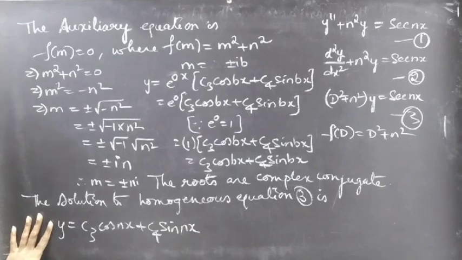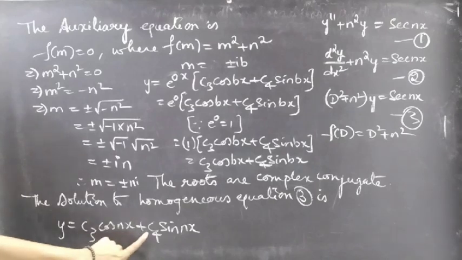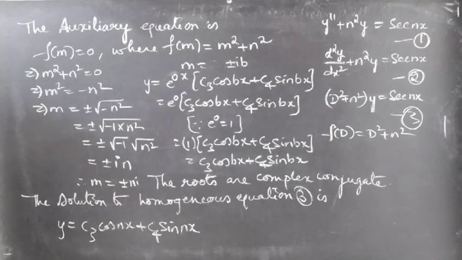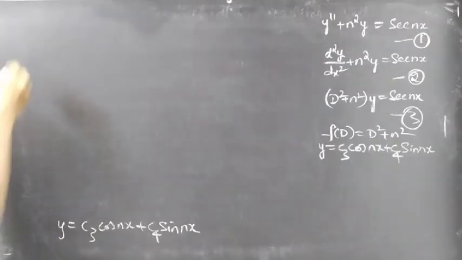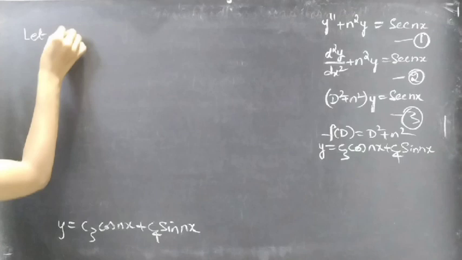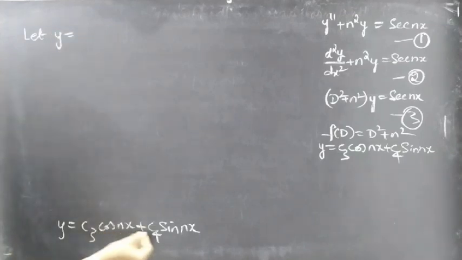Using this, we'll write the general solution of the given equation just by changing the parameters c3 and c4 to functions of x, say a and b. Let y equal to, replace the parameters or constants with functions of x, a and b.